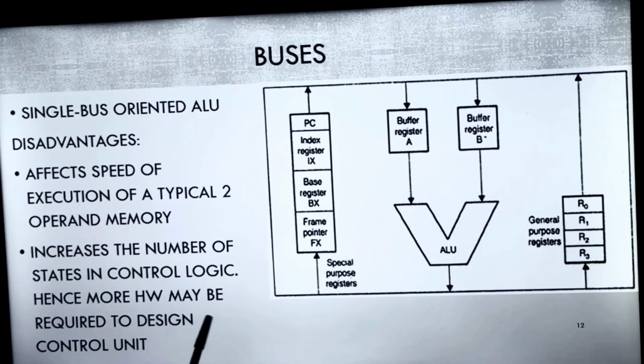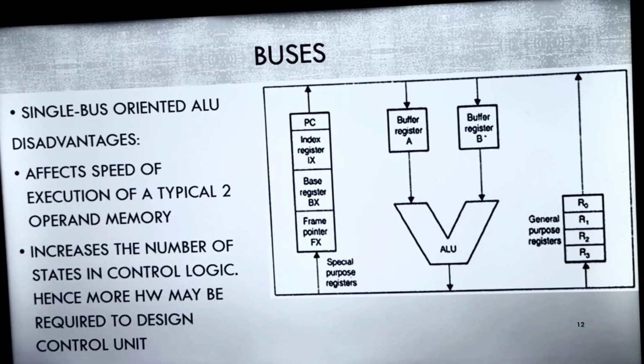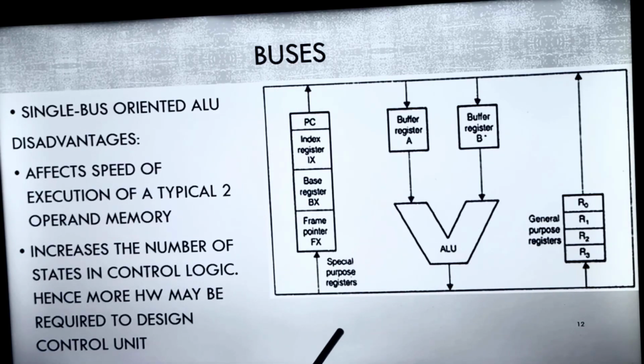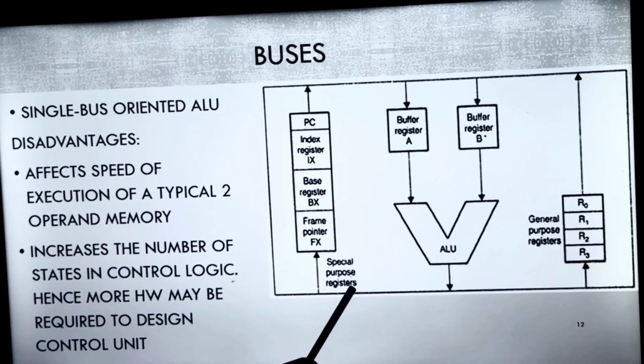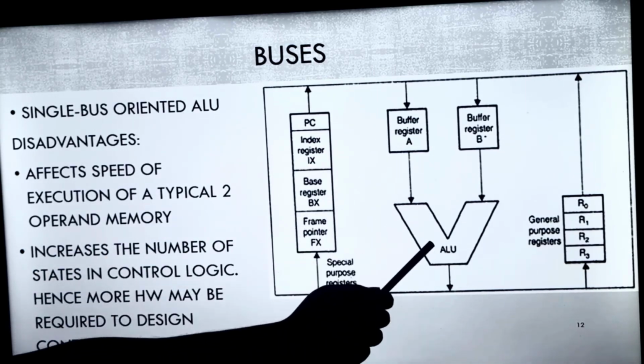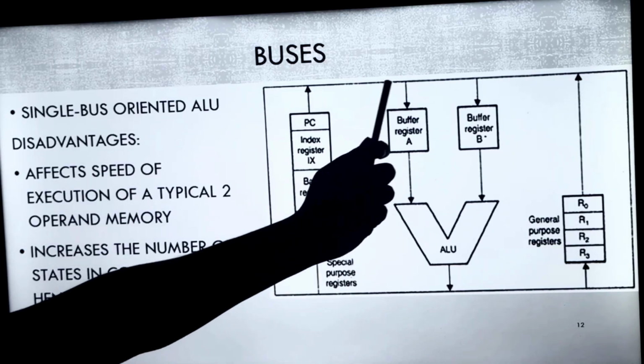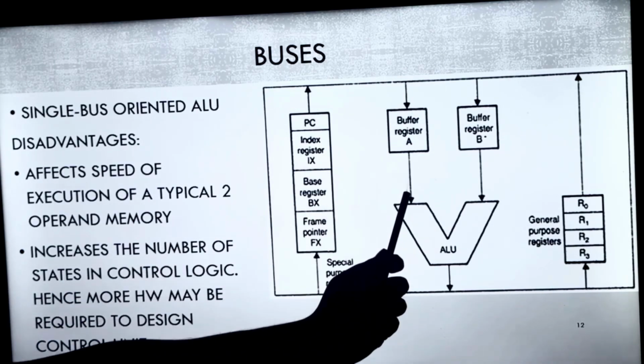See here, let me explain this. What is the operation? C equals to A plus B. For that I need A and B, then only I can go for A plus B. Now see here, I have only one set of wire. To get A in ALU, I need one clock cycle. I have only one way, right? So at the same time I can send only A here.